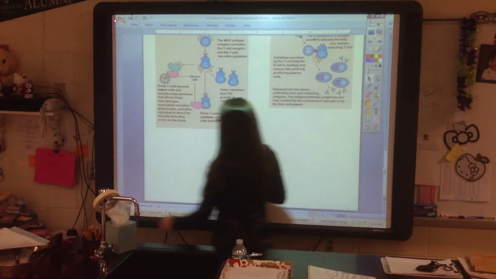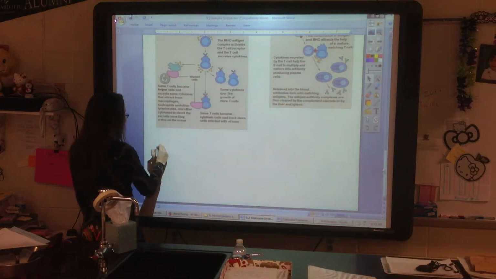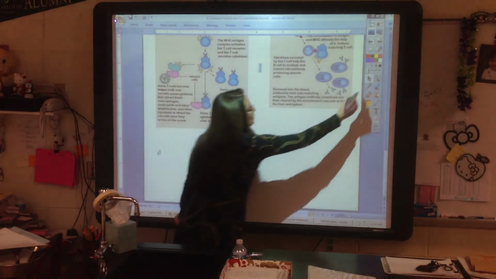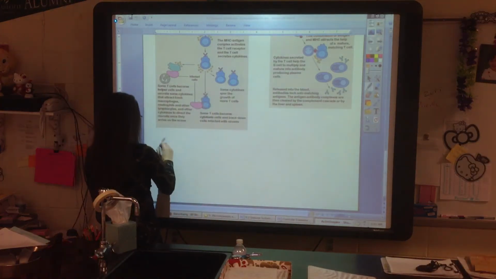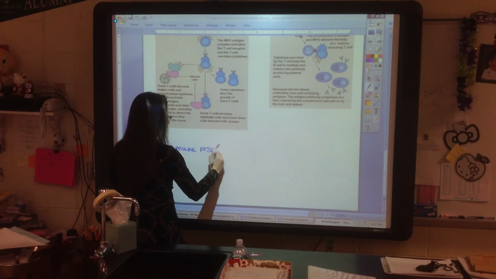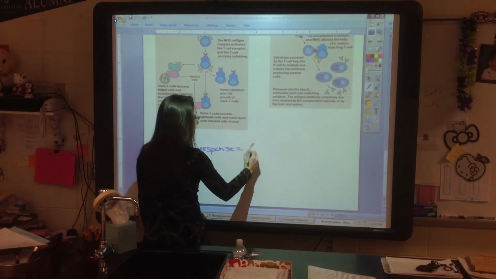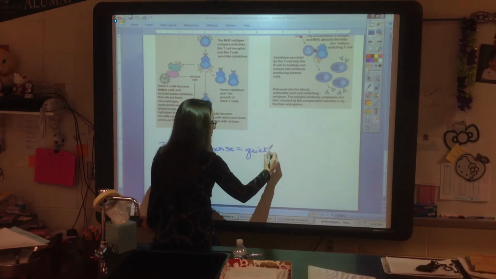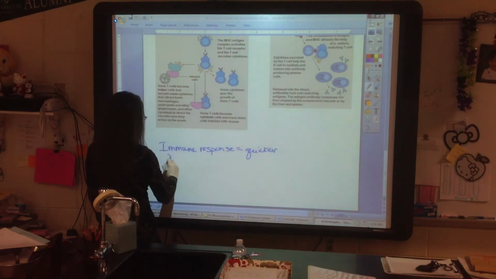our very last key point is about your immune response. It is going to be quicker the second time.